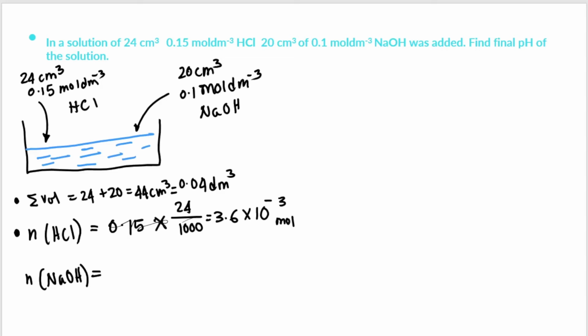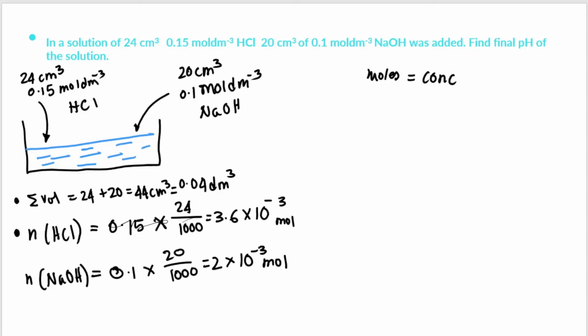And for NaOH, it is 0.1 times 20 by 1000, which is equal to 2 times 10 to the power minus 3 moles. Now, moles can be found using concentration and volume as concentration into volume by 1000, just for clarification.